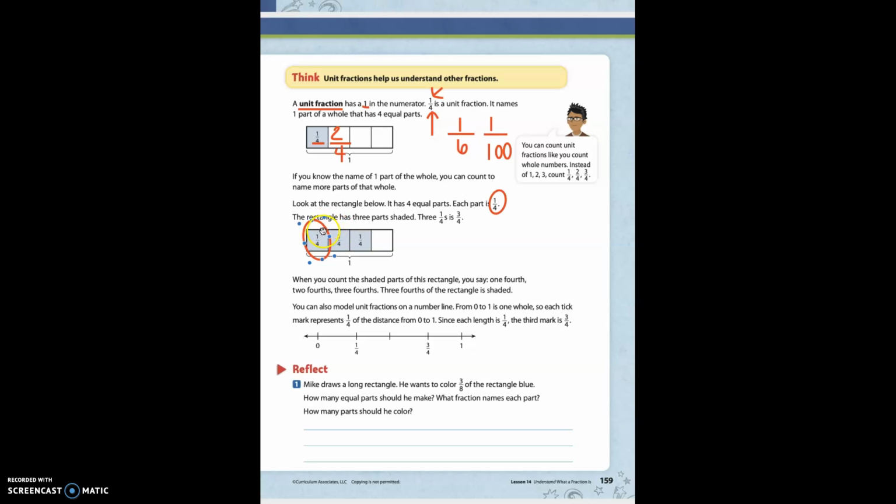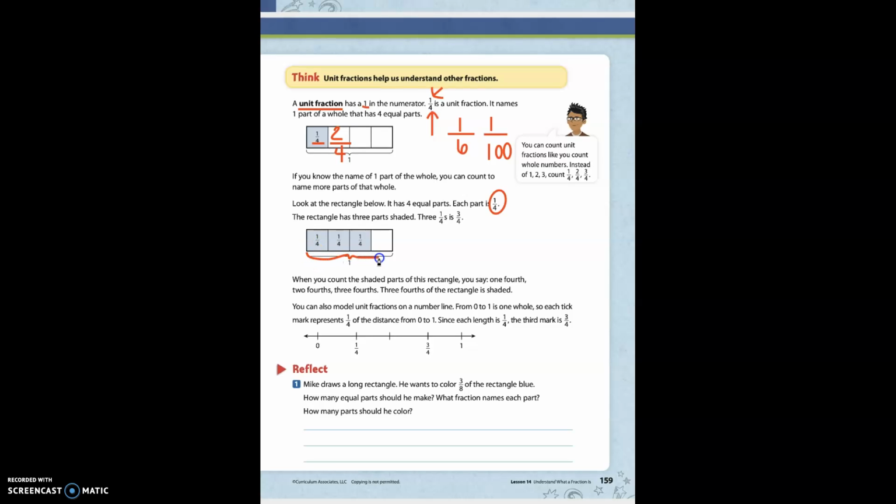This rectangle has 3 parts that are shaded. Because it has 3 parts that are shaded, 3 1/4 is the same thing as 3/4. So 1/4, 2/4, 3/4. And this little bracket right here is called a bracket.